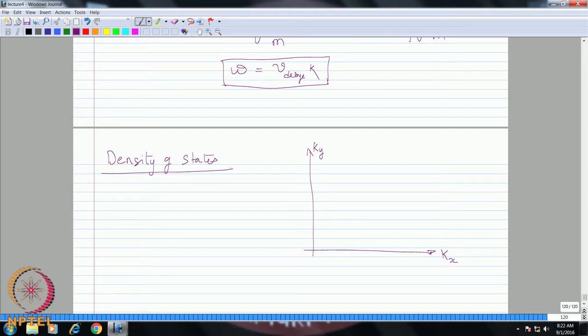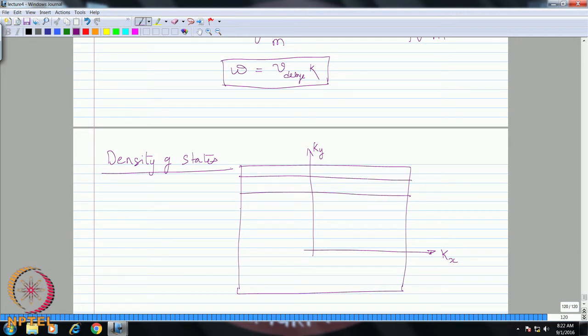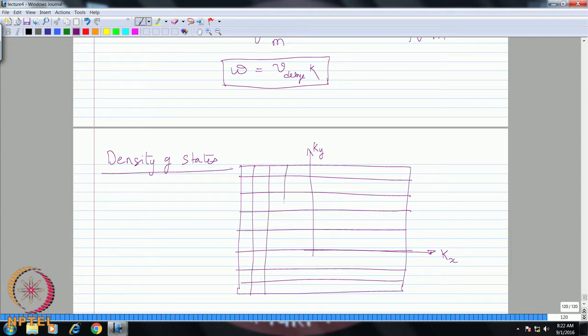So, therefore, if you want to have a lattice like this and divide this into equal segments, okay, you have equal segments here approximately, and if you look at our wave vector for the crystal, how does it vary?